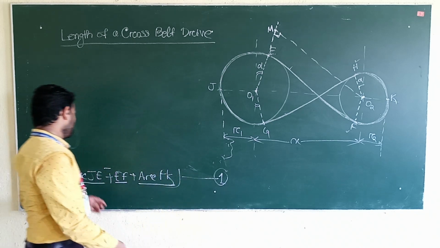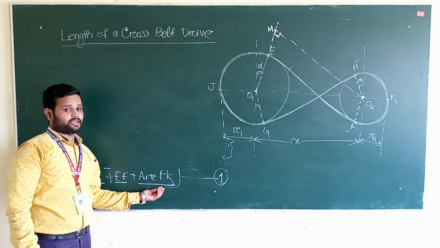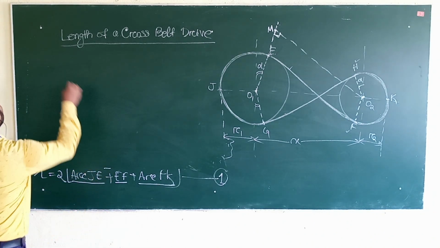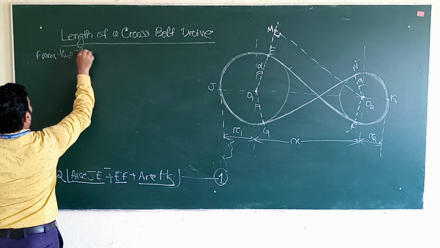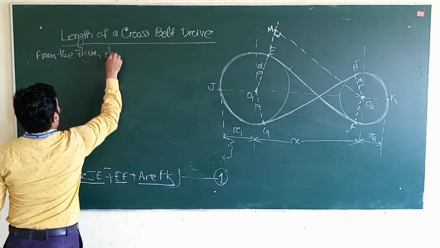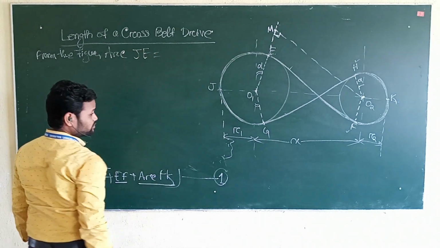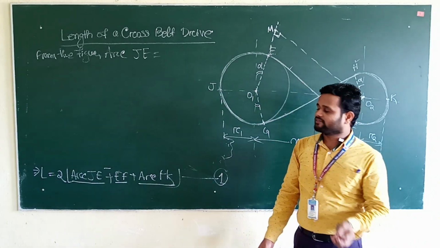Okay. So first we will calculate the value of arc JE. Next we calculate the value of arc FK and the value of EF. From the figure, the value of arc JE equals how much? In the previous topic we studied the length of an open belt drive.